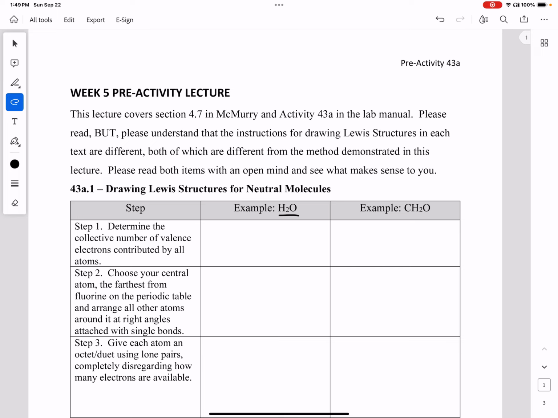So I have one oxygen, and that contributes, it's in group 6A, so 6 electrons. And I have two hydrogen, with 1 electron each, so I get 2 electrons here. And so 8 electrons available.